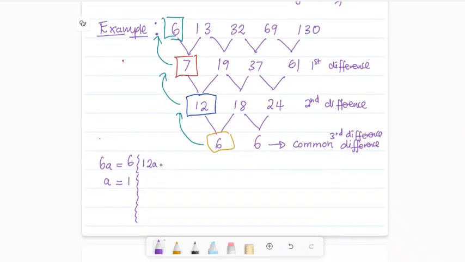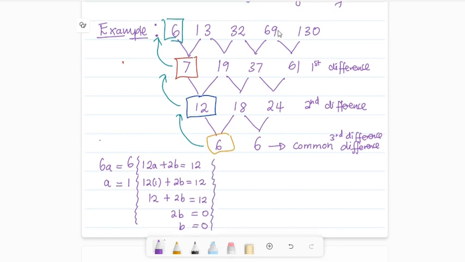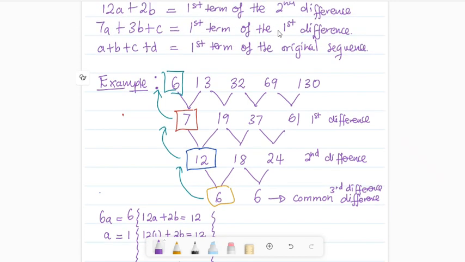Secondly, we're saying 12a plus 2b is equal to 12. But we already know that a is 1, so this is 12 times 1, plus 2b equals 12. This is 12 plus 2b equals 12. If I move 12 to the other side, I have 2b equals 0. So b is equal to 0.